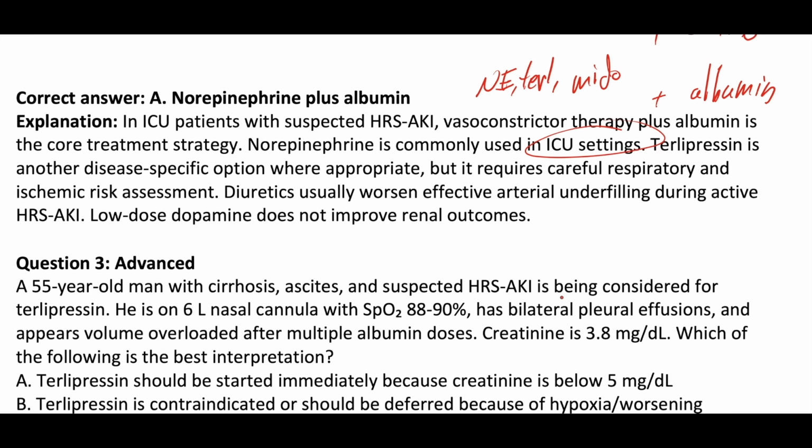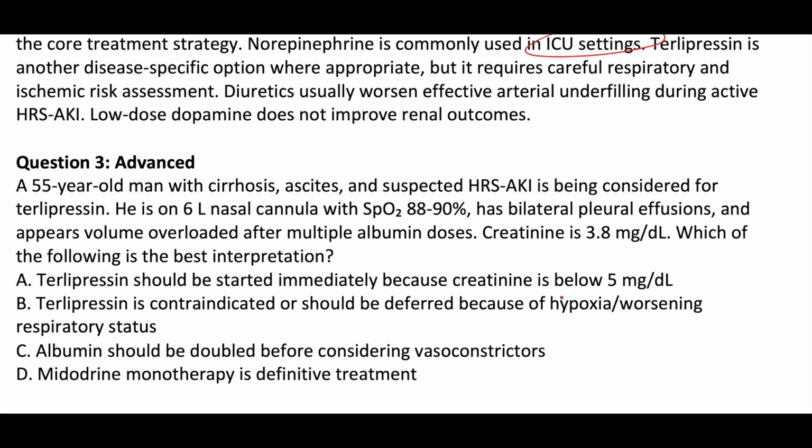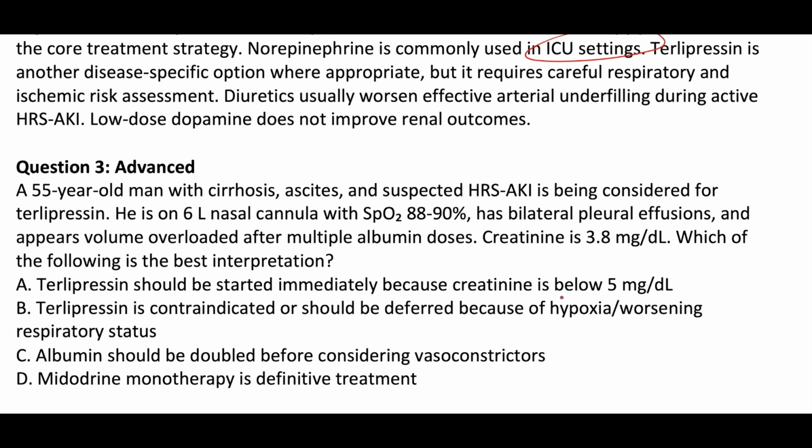All right, last question, and then we will be done. A 55-year-old man with cirrhosis, ascites, and suspected HRS-AKI is being considered for terlipressin. He's on 6 liters nasal cannula with a saturation of 88 to 90%, has bilateral pleural effusions, and appears volume overloaded after multiple albumin doses. Creatinine is 3.8.